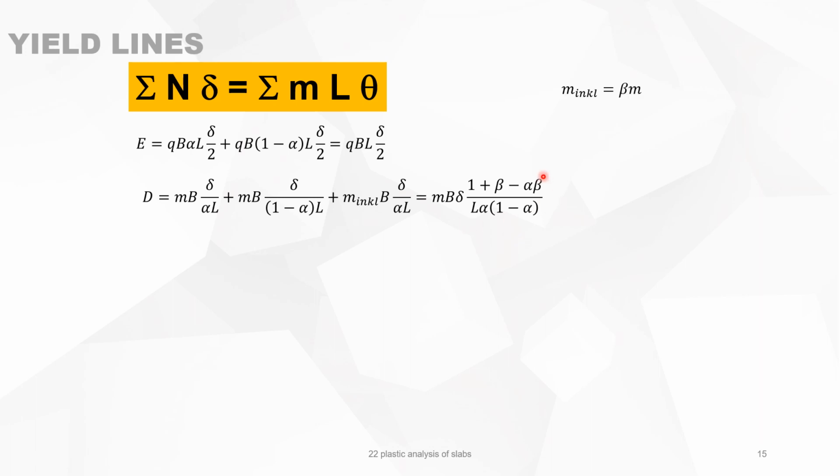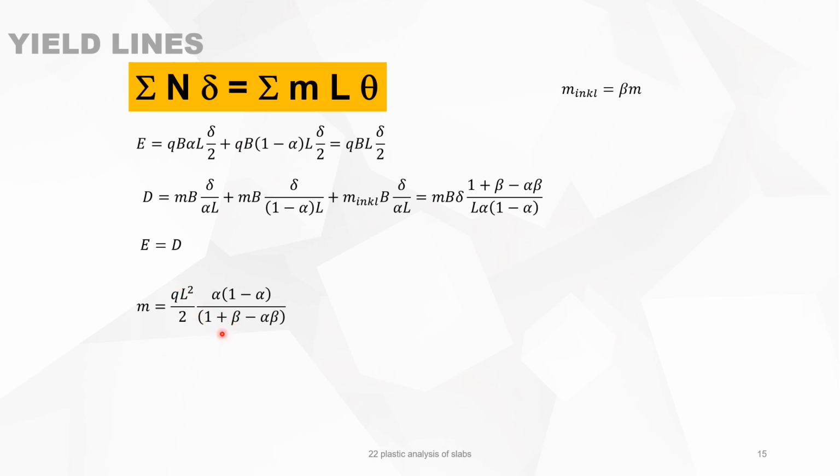We know now that the plastic moment on the fixed support is beta M, that's the degree of fixation, and E equals D, so we get M out of it, and then we have a formula for M in function of alpha and beta.